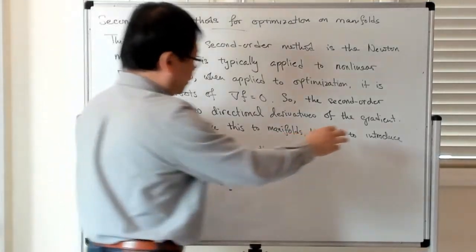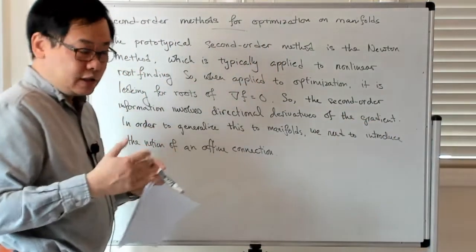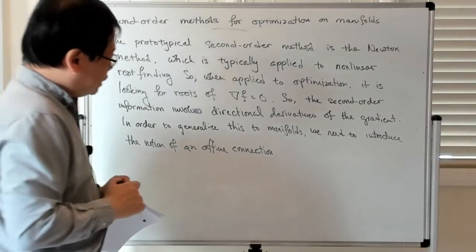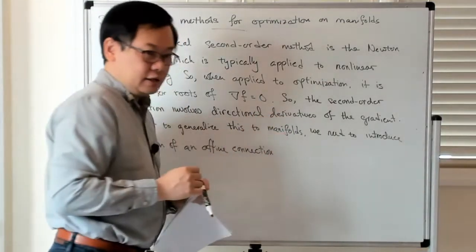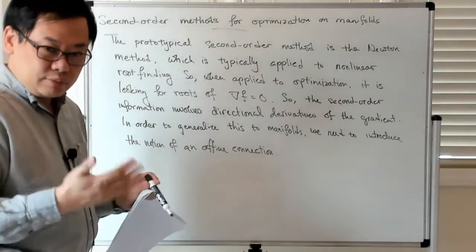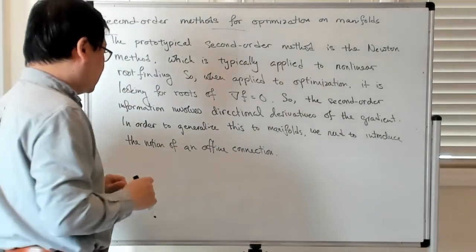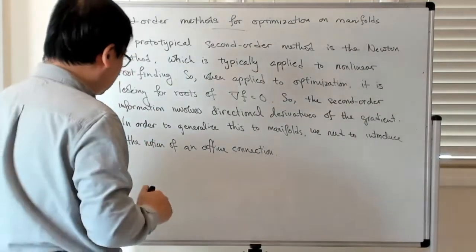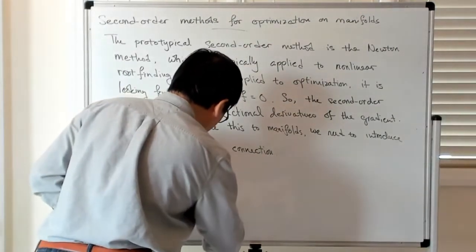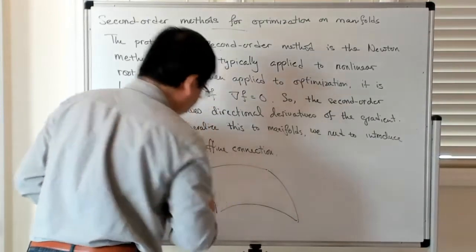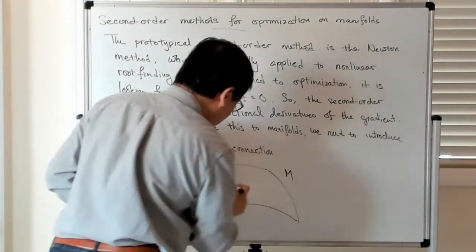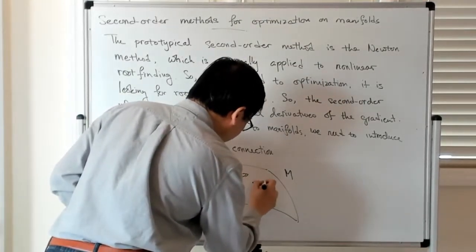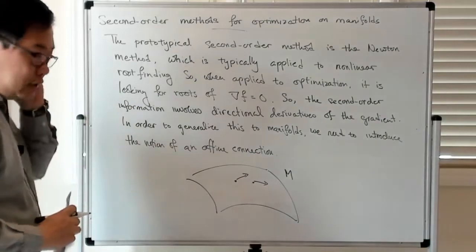A gradient is obviously a vector field, and if you want to take a derivative of the gradient using some sort of limit of a finite difference, you have to take the difference of two vectors based at two different points on the manifold. Let me draw a picture. If you have a manifold M and two points, each has some vector associated with it.